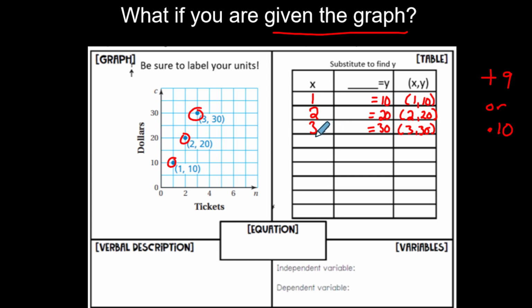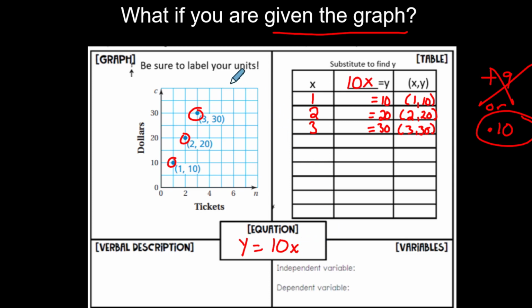If I substitute 3 in, 3 plus 9, 10, 11, 12, that's 12, definitely not 30. But 3 times 10, would that work? Yes, it does. So I know that my rule is put x in and times it by 10. So I can write that as 10x. So down here, you could write 10x equals y, or you can write y equals 10x. Either is okay.